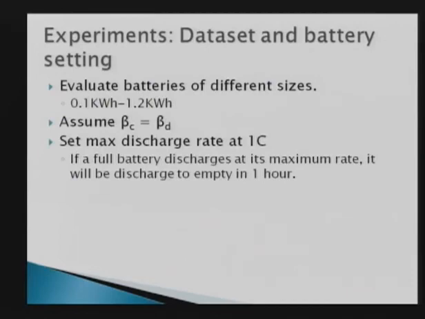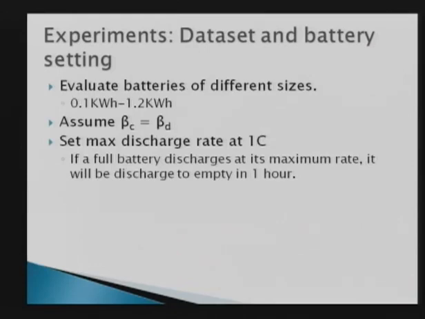And remember, we have some limited battery settings. So in our experiment, we also limited the capacity of the battery. We measured the effect of the algorithms on batteries of different sizes. The capacity of the battery ranges from 0.1 kilowatt hour to 1.2 kilowatt hour.